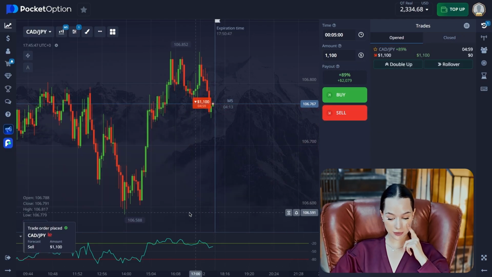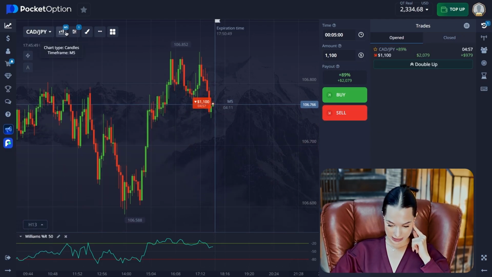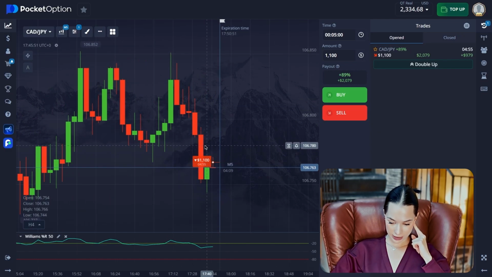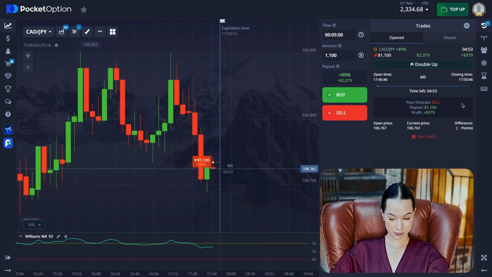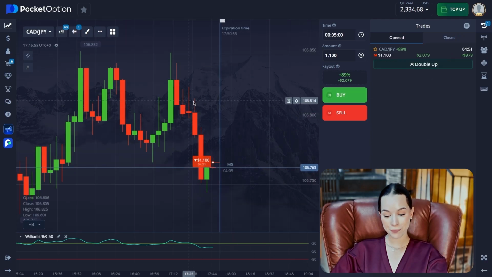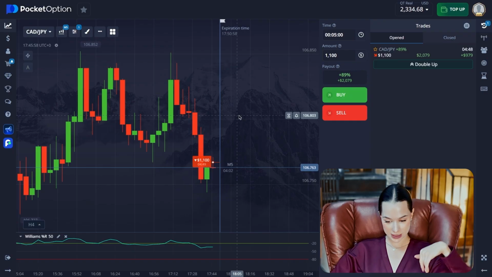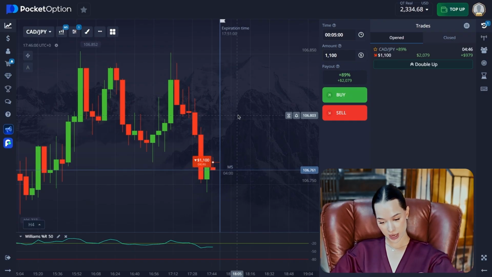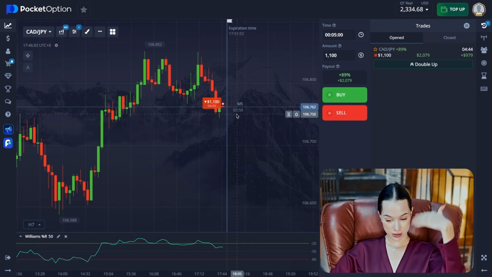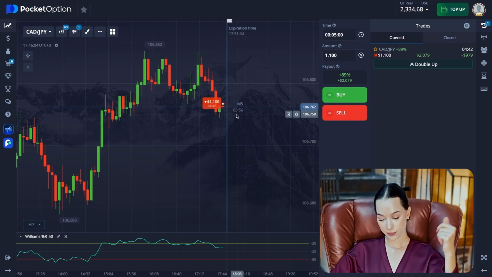But with the Williams 50, we can see a really nice analysis of how it was going, because before there was an upward trend for a long time, then sideways movement, but still going a little bit downward and then upward again, and it was in the overbought zone again at that moment, and only now starts going downward.